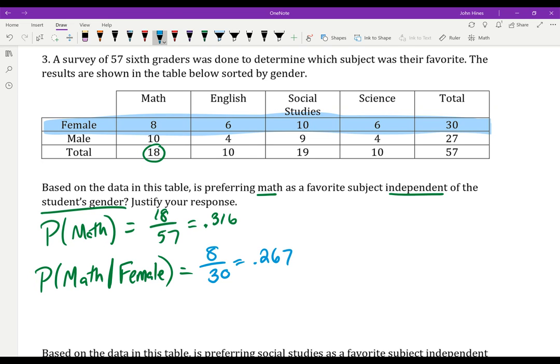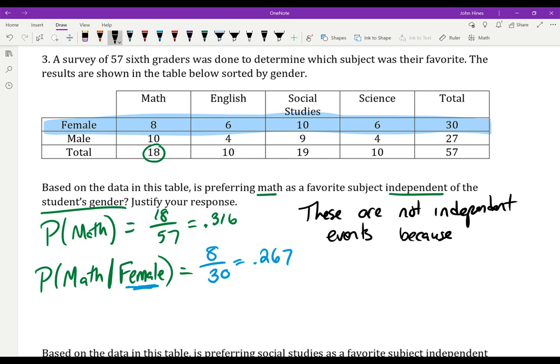So are these events independent? Knowing I was picking a female decreased the probability of me finding someone who liked math. So these events are not independent. These are not independent events because the probability of A does not equal the probability of A given the other event occurred.